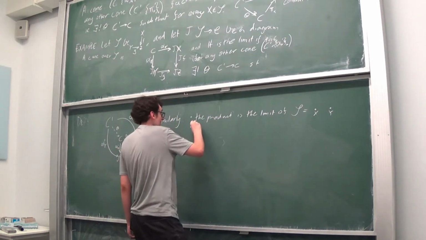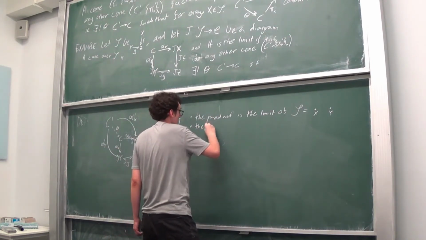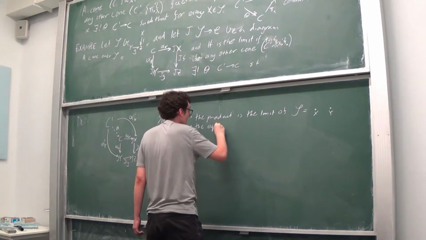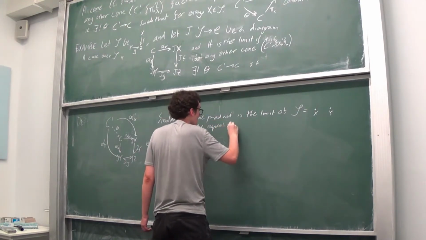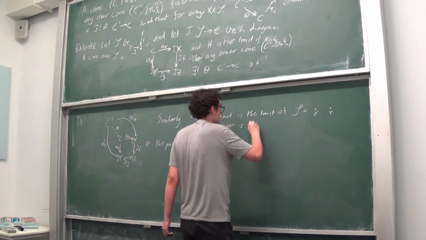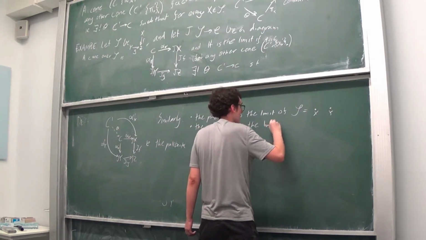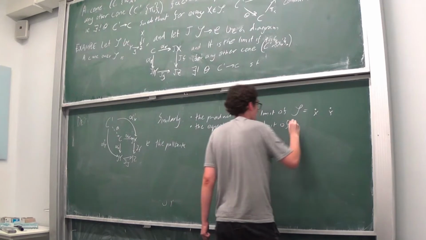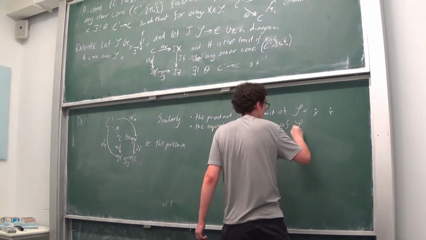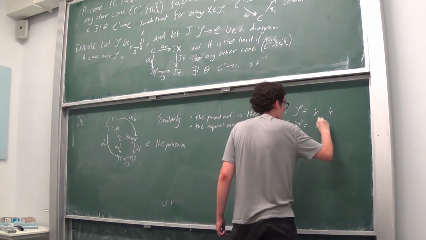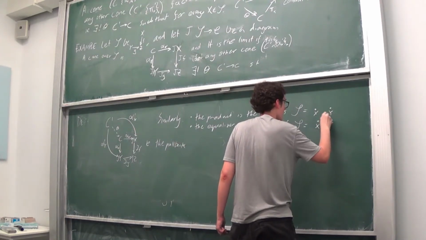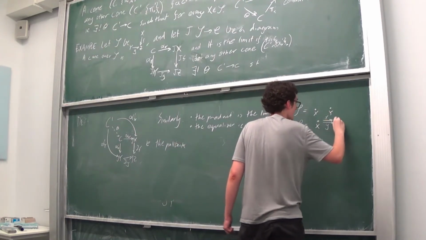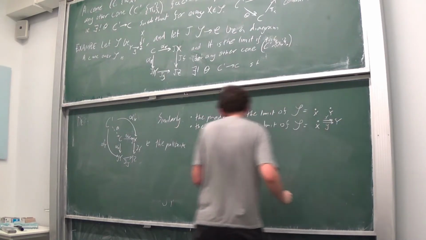Another one is equalizers, which I didn't define before, but it's the limit of a small diagram. So it's two objects, x and y, and a pair of parallel arrows between them.